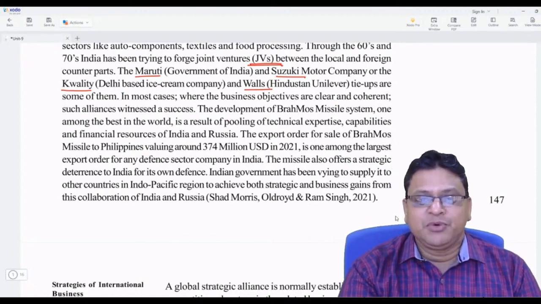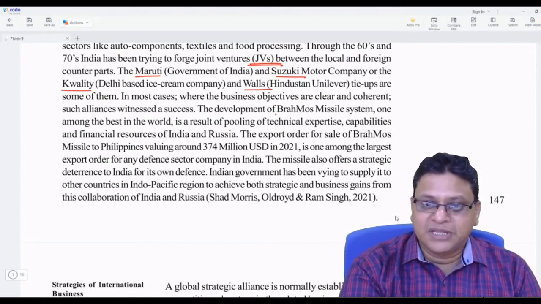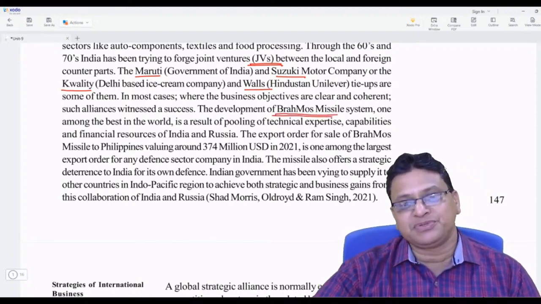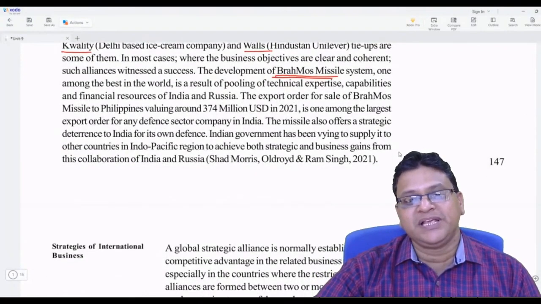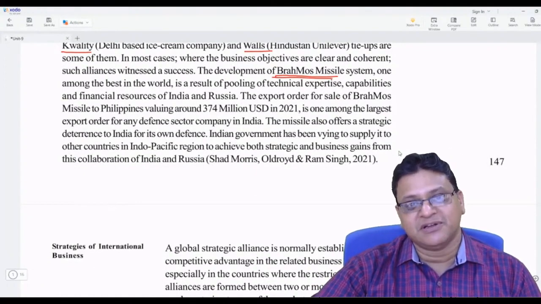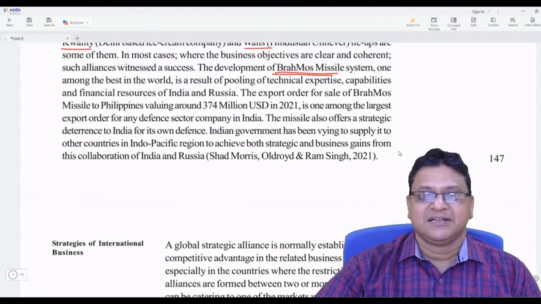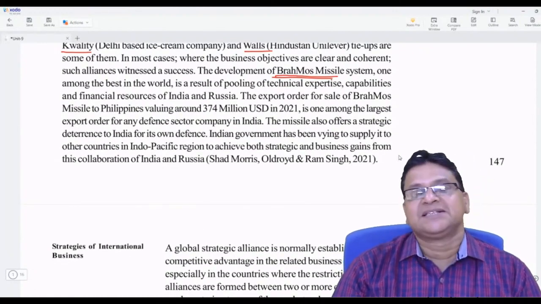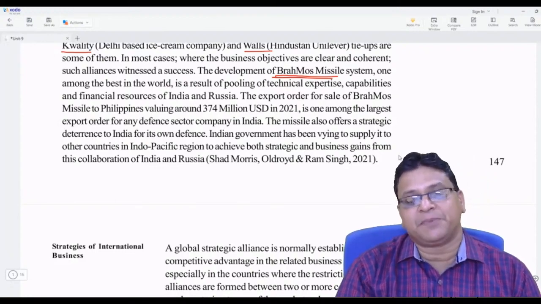Next, you have recently the concept of alliance in the case of the BrahMos missile. India is producing the BrahMos missile with the help of a Russian defense manufacturer. So India has its own capability in missile designing. Similarly, Russia has its own capabilities.